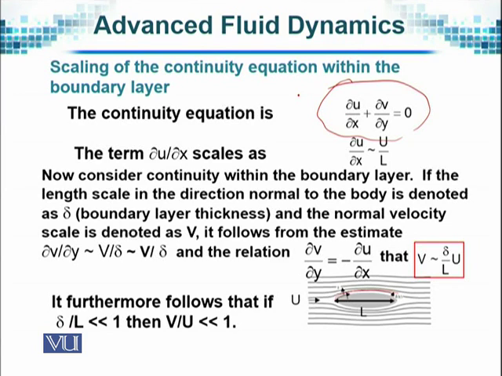In a steady motion, the continuity equation is du by dx plus dv by dy equal to 0 in a two-dimensional setup, where u is the x component of velocity and v is the component in the normal direction, that is, in the y direction.